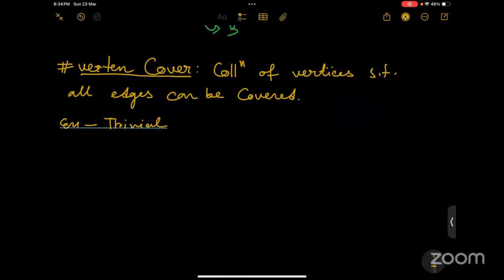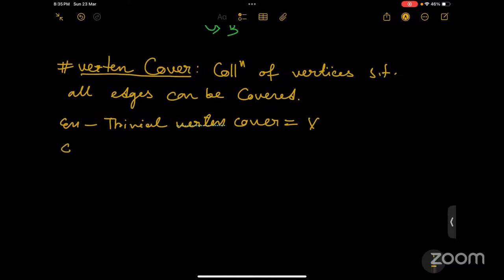If I collect all the vertices, then automatically it will contain all the edges, right? So if I have 4 vertices and suppose 3 edges, if I take all 4 vertices, it will definitely cover all the edges. So this is called the trivial vertex cover. Trivial vertex cover is nothing but our V, that means the set of all vertices.